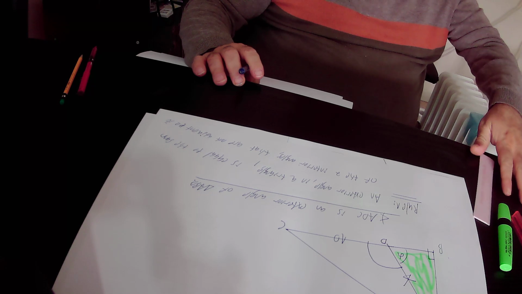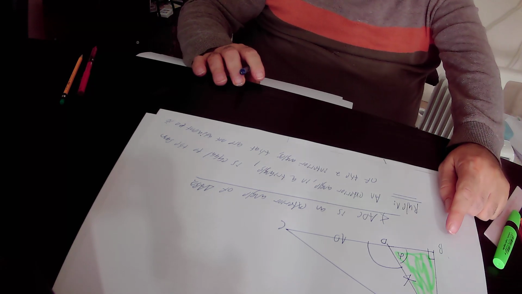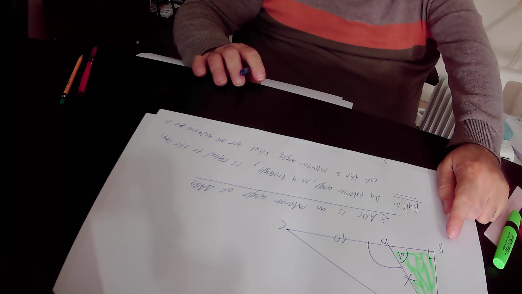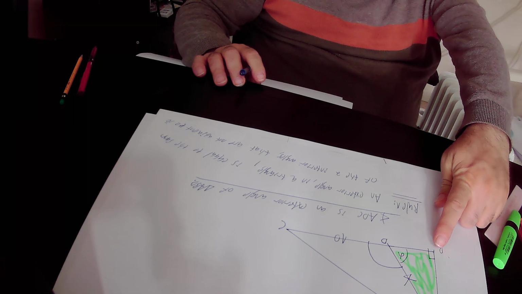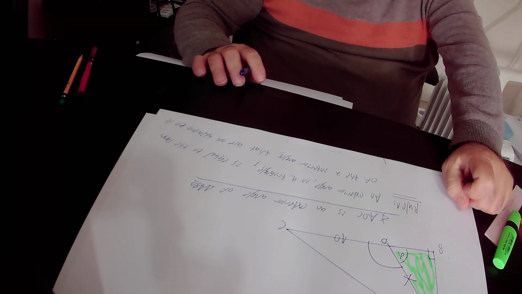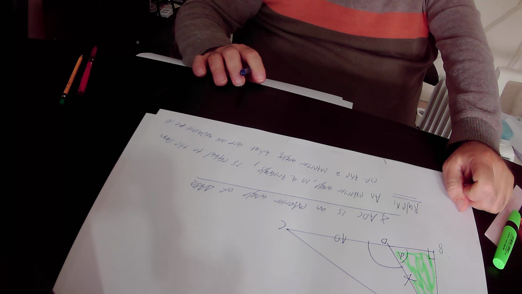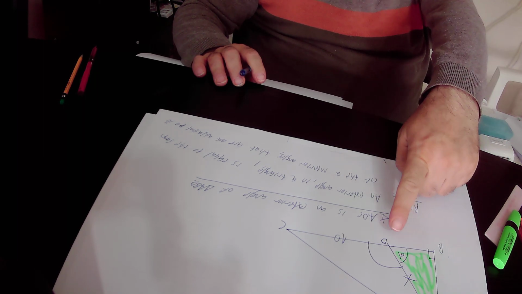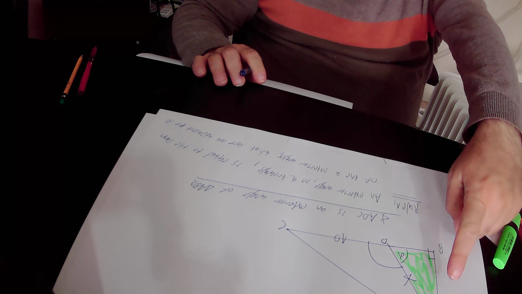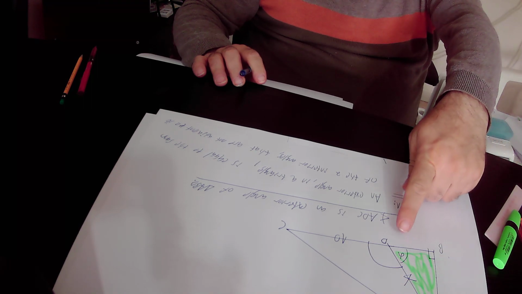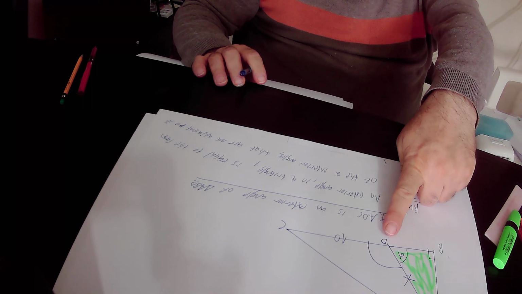And I already mentioned that the green triangle has three interior angles: angle theta, angle alpha, and this angle that is right angle. And the two interior angles that are not adjacent to angle ADC are theta and 90 degrees, because angle alpha is adjacent to angle ADC.